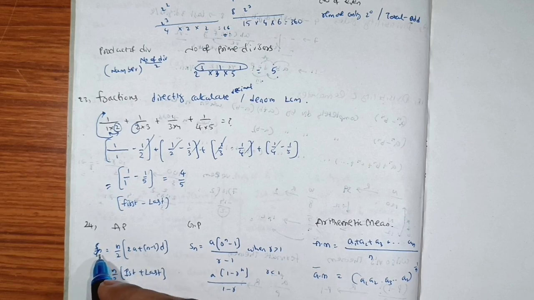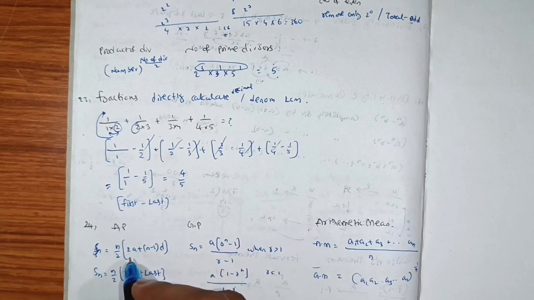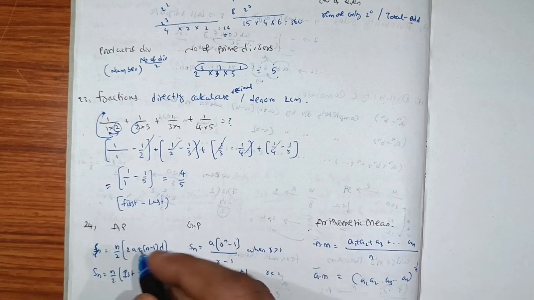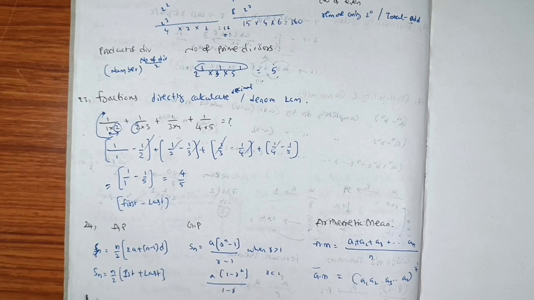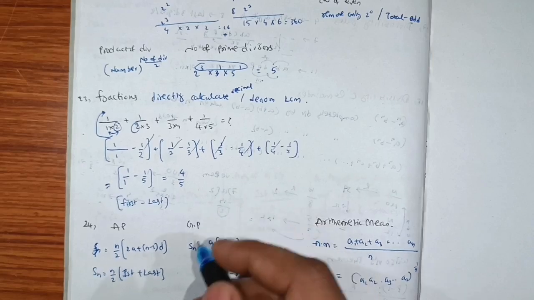The sum of n terms of an arithmetic progression is n by 2 of 2a plus n minus 1 d. If you don't remember this, you can apply this formula also: n by 2 of first term plus last term gives the same sum of n terms.